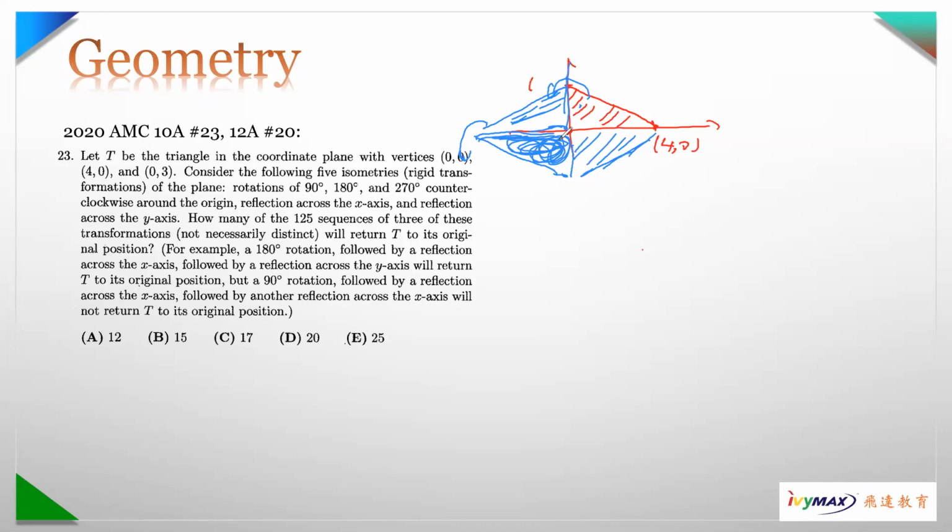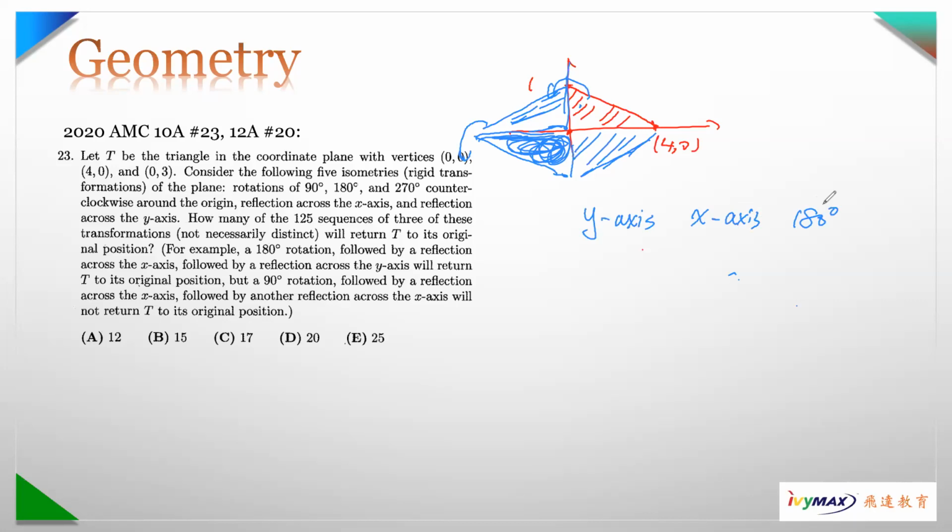So we can figure out one. I can do a flip about the y-axis, a reflection about the x-axis, and then a rotation of 180 degrees. So I found an example. And the order actually doesn't matter.